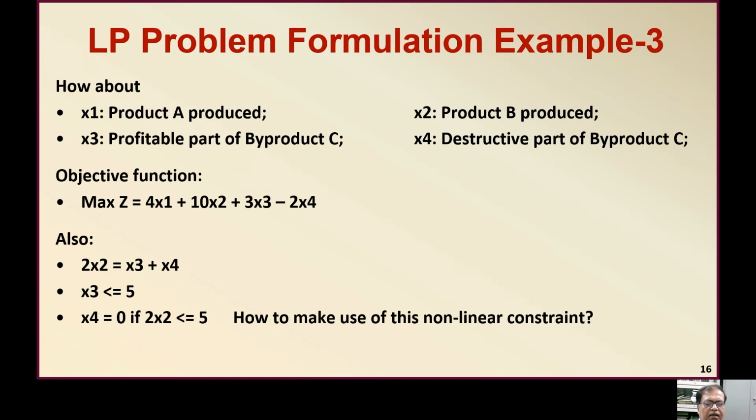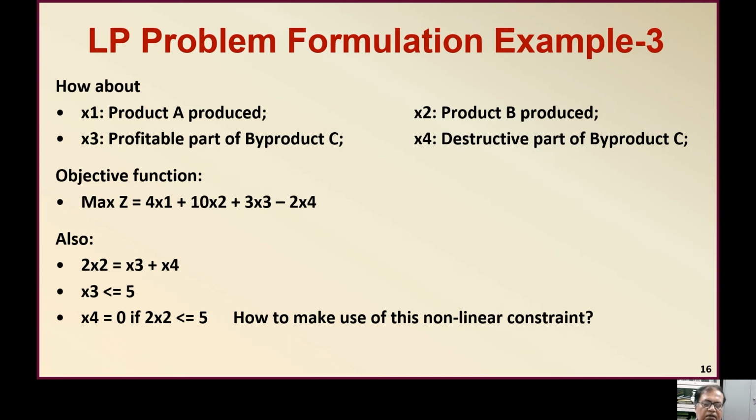So let us now look at it in a slightly different way. Instead of 3 unknowns, suppose we take 4 unknowns: x1 product A produced, x2 product B produced, x3 profitable part of byproduct C, and x4 destructive part of byproduct C. Is it not? So now it is very clear that if we make 4 different variables, we can very easily express the whole thing.